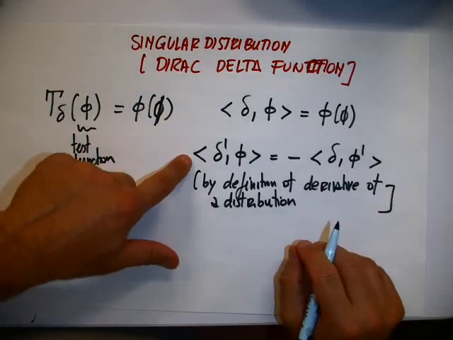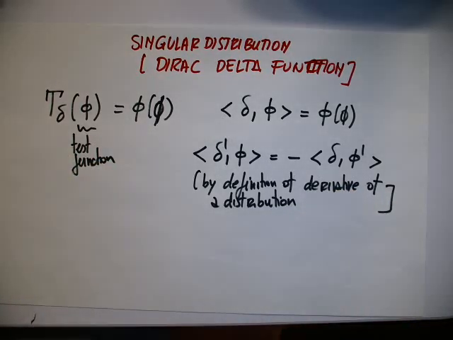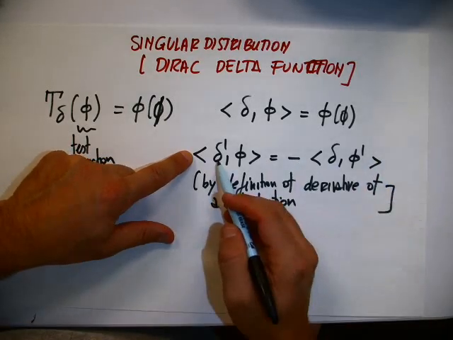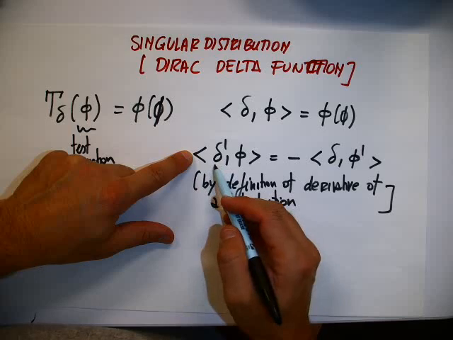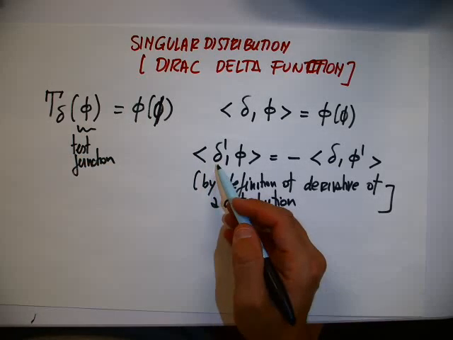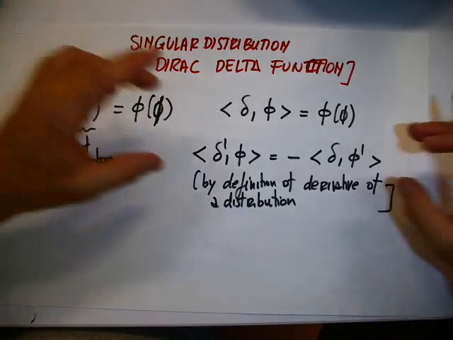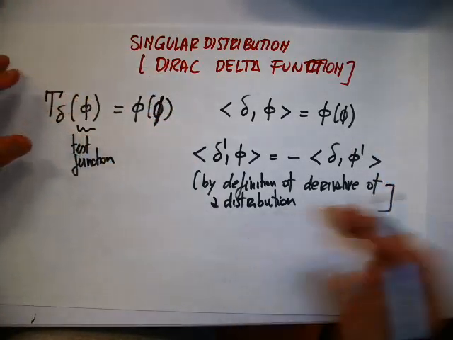We proved this relation when we have a regular distribution, a regular function which is locally integrable, and then we use this relation as a general definition of a derivative of a distribution.